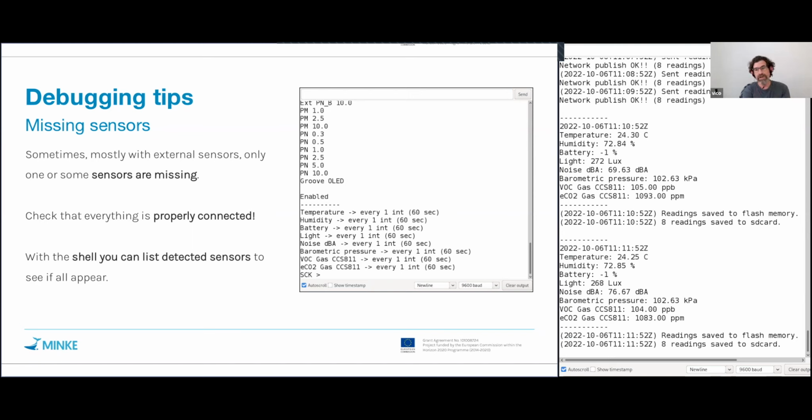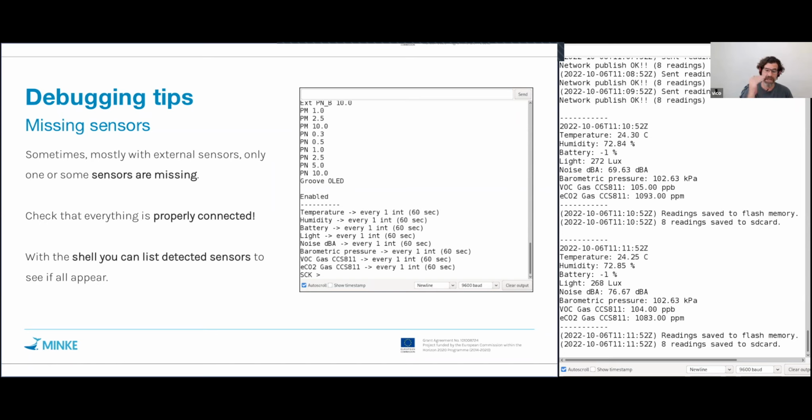The first obvious option is just to check connections on the cables and that everything is connected, and then reset the kit and check if that fixed the problem. But if it wasn't fixed by that, the only real way to debug that is connecting to the kit via the terminal and reading messages. When the kit starts, you will see messages about detecting external sensors.